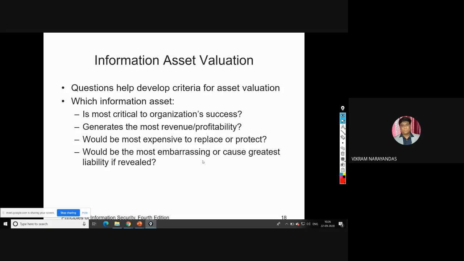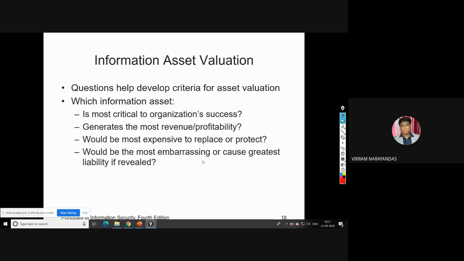Which information asset would be the most expensive to replace or protect? And which information asset would be most embarrassing or cause the greatest liability if revealed? So you want to characterize this, as each asset of the organization is assigned its own category.